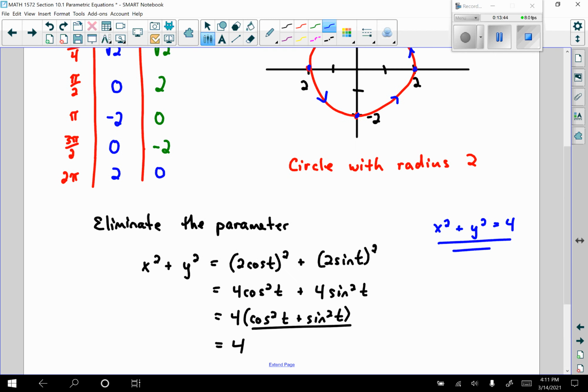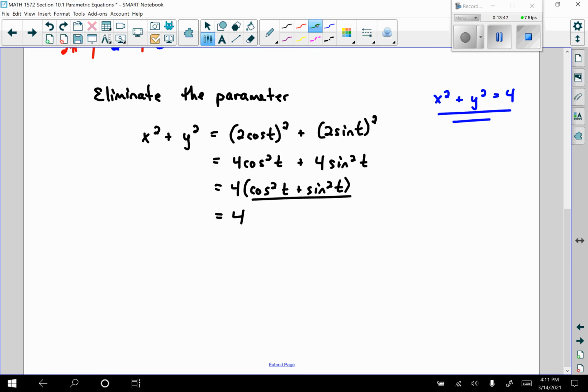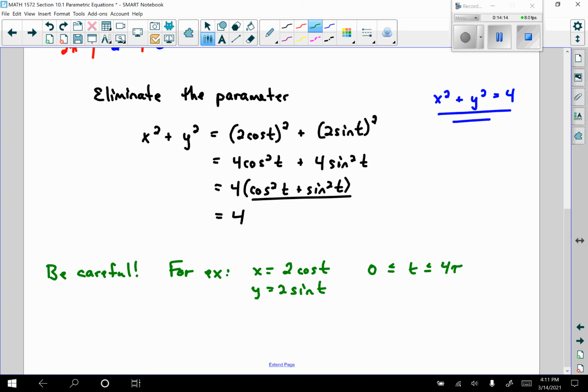Now, for instance, because this was a circle, we could keep going around a few times. We just want to make this note here to be careful. For example, if we had x is equal to 2 cosine t, and y is equal to 2 sine t, but if we were going from 0 to 4 pi, this traces the same curve but goes around twice.